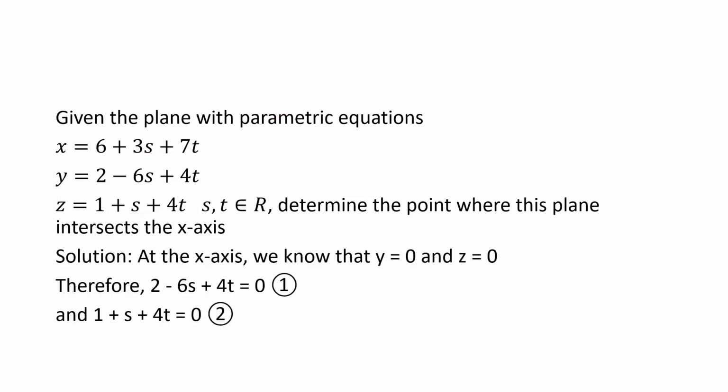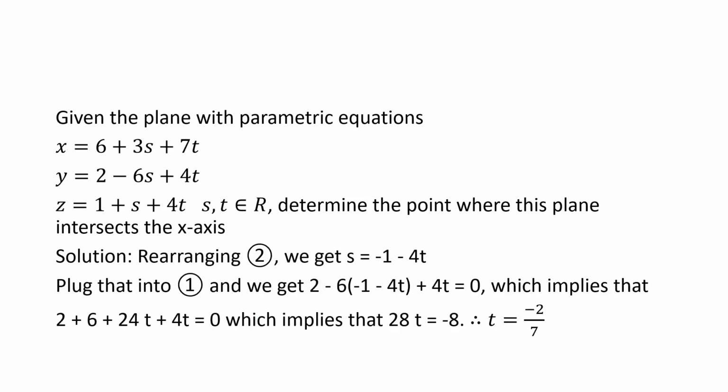So letting y and z equal 0 tells us equation 1, that 2 minus 6s plus 4t equals 0, and equation 2, that 1 plus s plus 4t equals 0. Rearranging equation 2, we get s equal to negative 1 minus 4t. Plugging that into equation 1, we ultimately get 28t equal to negative 8, which means t is negative 2 over 7.